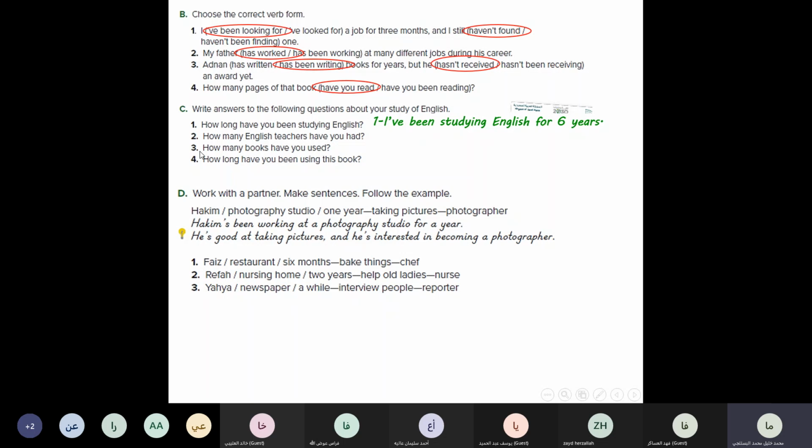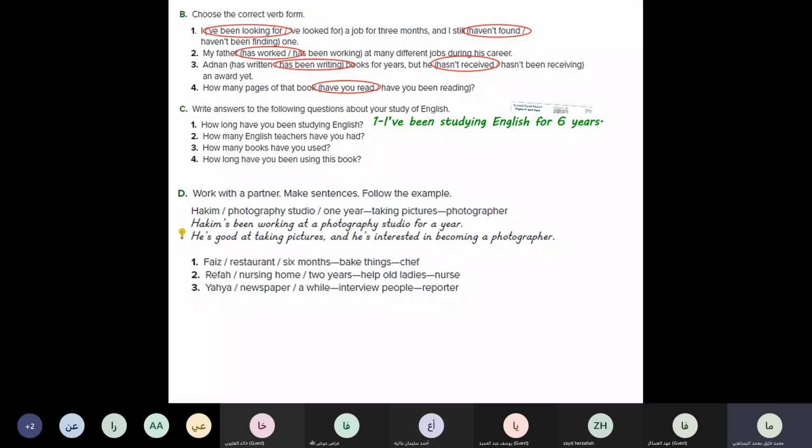Now, what about the next? Can you read the question, Khalid? How many English teachers have you had? So here we have to use the present perfect because we asked about what?